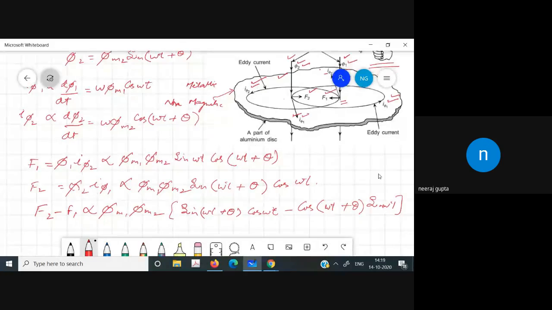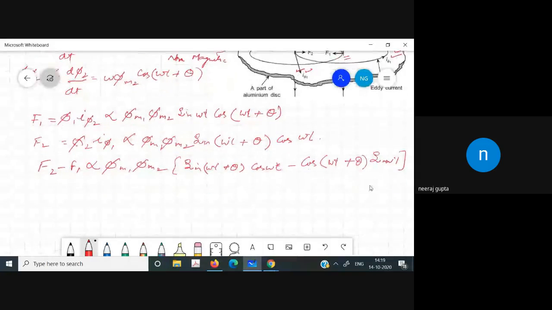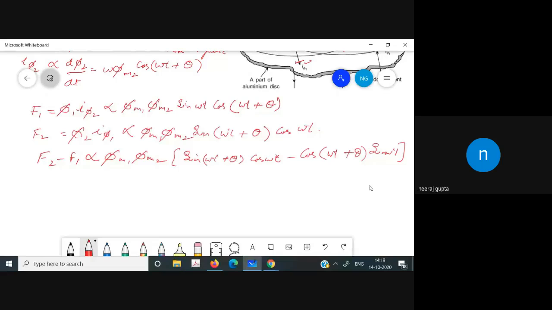And when we solve it by using the trigonometric identities, we get F2 minus F1 proportional to phi m1 phi m2 sine of theta.